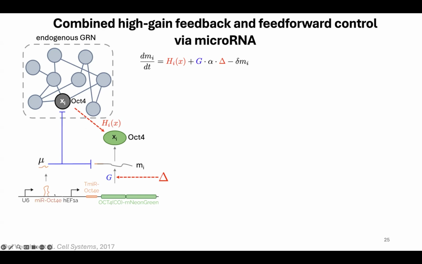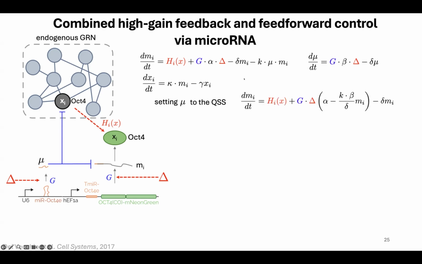So the idea is to implement a controller via this microRNA that is going to accomplish two functions. One is it's going to knock down the endogenous OCT4 so that it doesn't contribute much to your total OCT4. And then it's also going to increase the degradation rate of your target mRNA so that here you can essentially implement what turns out to be a high gain negative feedback.